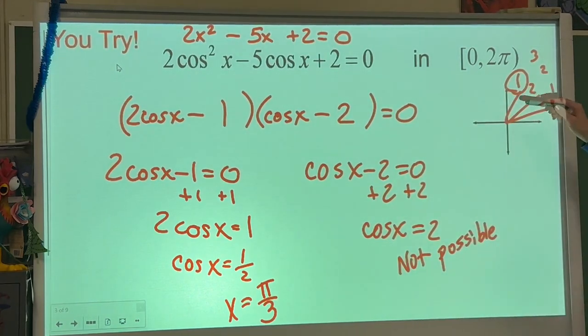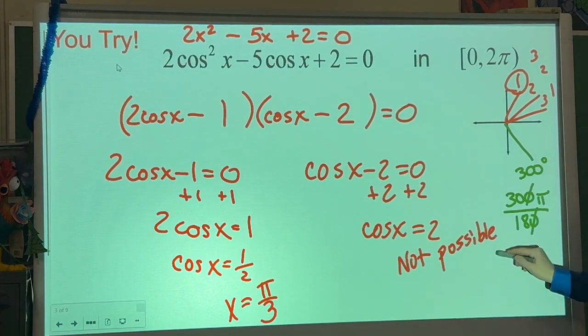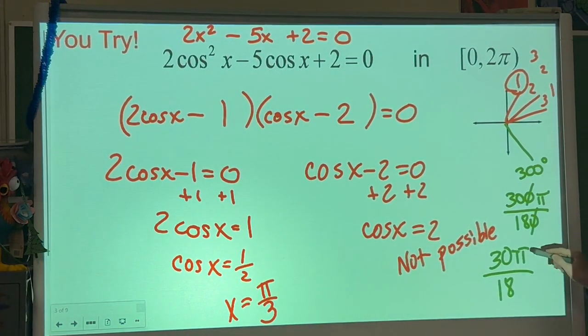Oh, let's see. Here we are in this quadrant. 60 degrees from 360 would put me at 300 degrees. If you need to, put 300 pi over 180. Cross off your zeros and reduce your 30 pi over 18. What are they both divisible by?